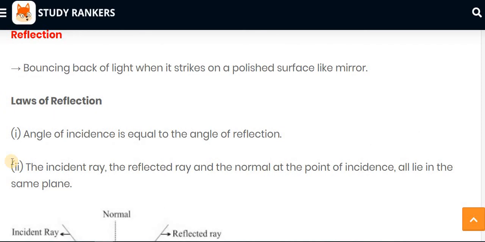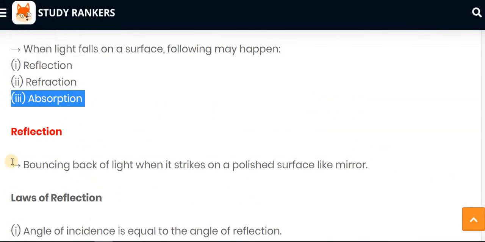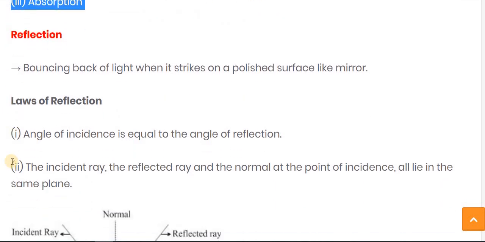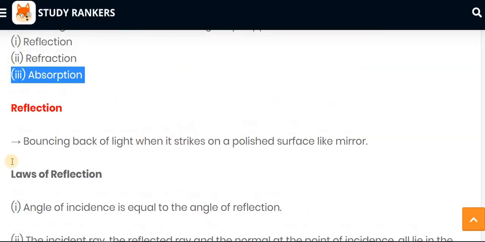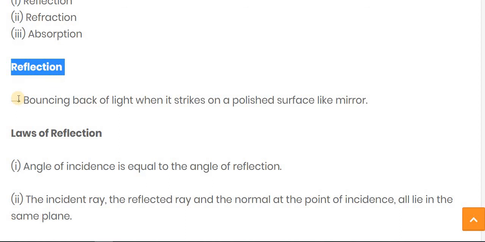Now let's see the first one, reflection, and then later on we will study refraction. Now let's see reflection. Reflection means if light falls on any surface, then it bounces back, reflects back.